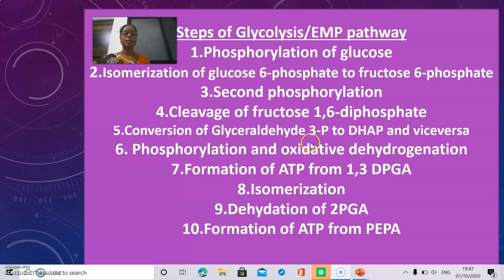Fifth, conversion of glyceraldehyde 3-phosphate to dihydroxyacetone phosphate and vice versa. Sixth, phosphorylation and oxidative dehydrogenation. Seventh, formation of ATP from 1,3-diphosphoglycerate. Eighth, isomerization. Ninth, dehydration of 2-phosphoglycerate. And 10th, formation of ATP from phosphoenol pyruvic acid.